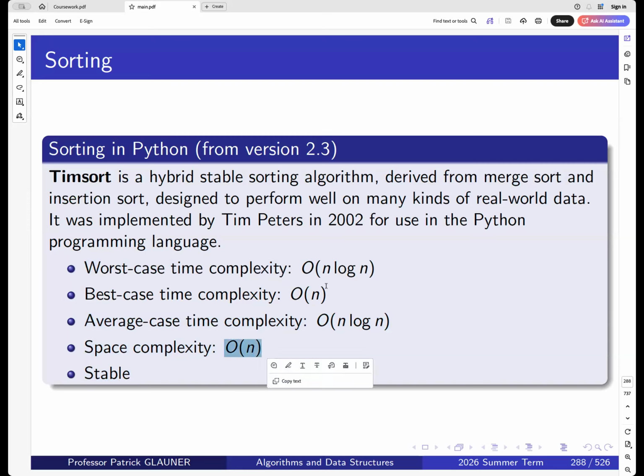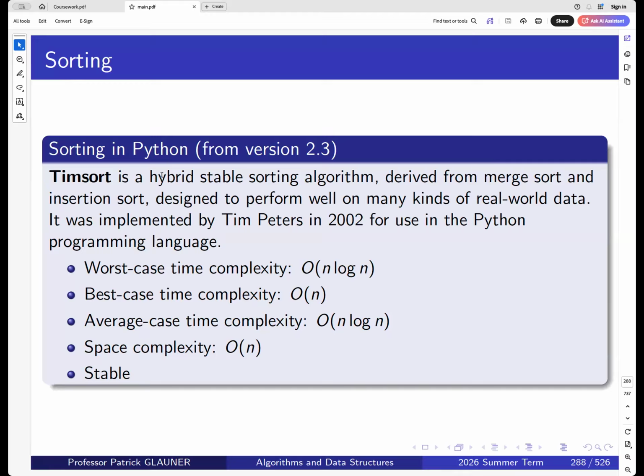Space is O of n. Best case is O of n. So even if it's maybe the same worst case complexity as a merge sort, for a lot of real world problems, maybe this was faster by a constant factor or a certain factor. And while we ignore constants and lower order terms in our O framework, they still matter in terms of the actual running time. So maybe this Tim sort had lower constants, lower order terms, and therefore proved to be helpful.